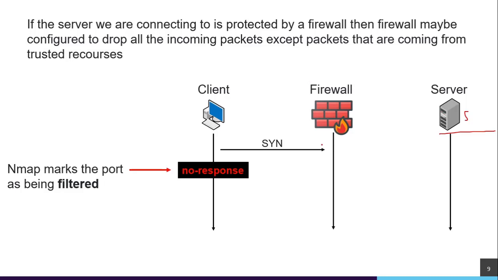So the firewall simply, of course, Nmap is going to start the scan by first constructing a TCP packet with the SYN flag set. It's going to send it. The firewall is going to intercept that packet and simply drop it because it's not from the trusted IP address, and then it's not going to send any response.